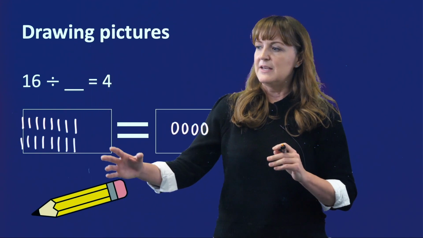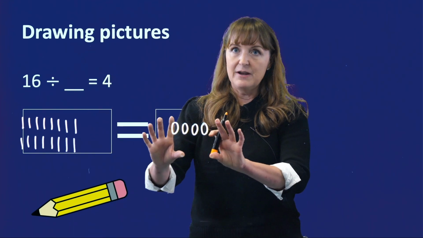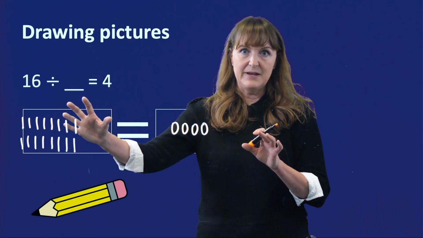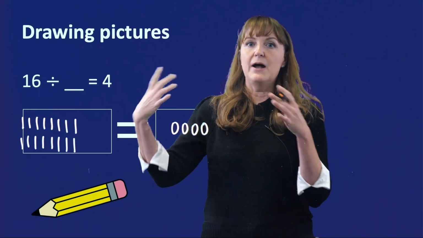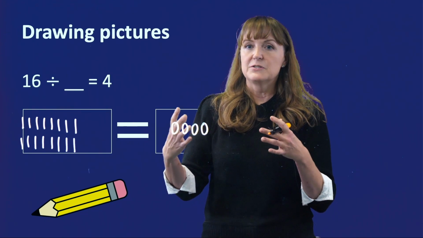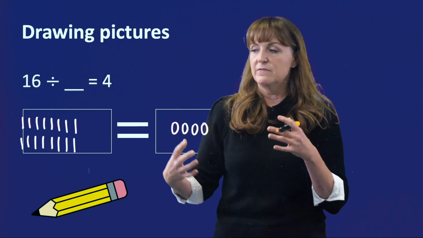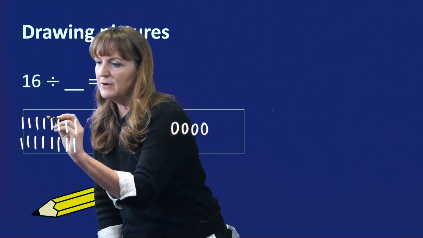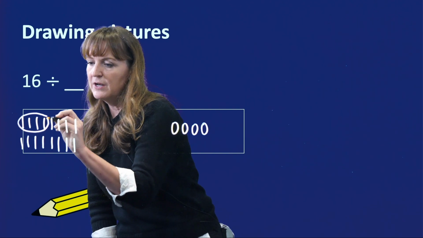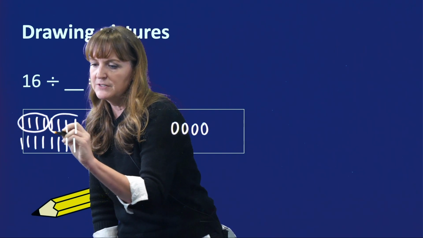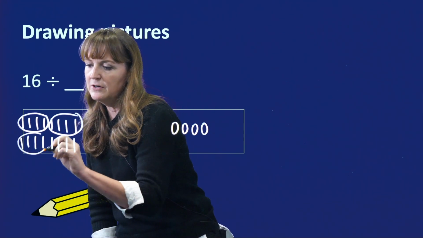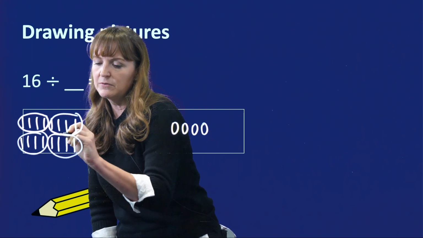Now I want to get these so that on this side where I have 4, I also have 4 on that side. And there I want to think about, well, how many groups can I make so that I have 4 in each of those groups? So here I could say, well, here are 4. So that's one group. Here's a second group. Here's a third group. And here's a fourth group.